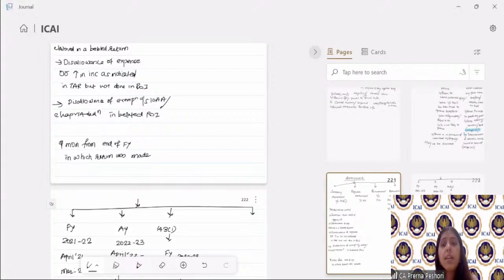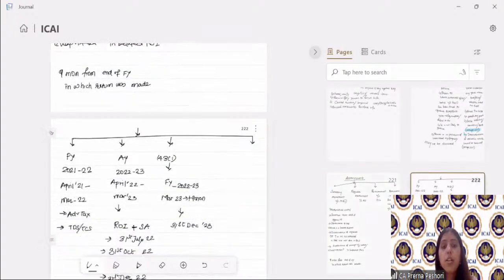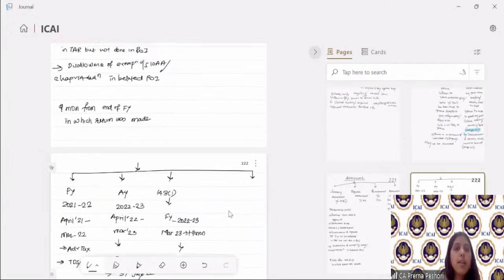If, say, there is already an assessment notice issued before 31st December 23, in that case also the return has to be mandatorily processed under 143(1). So the summary assessment has to be mandatorily done even if a notice is issued under 143(2) or 142(1).